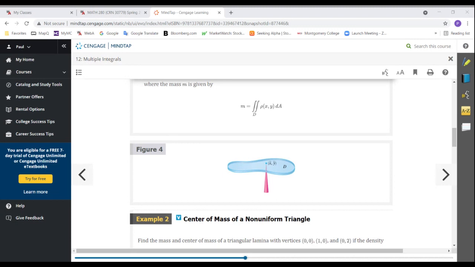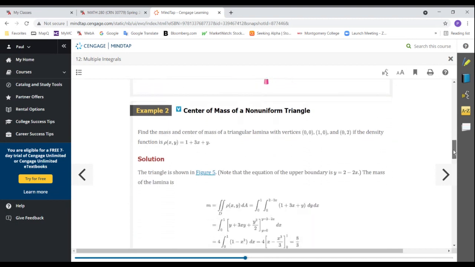Okay, well, let's look at an example. With sections 12.2, 12.3, and 12.4, you have the ability to compute a lot of different double integrals. And section 12.5 is just an application.